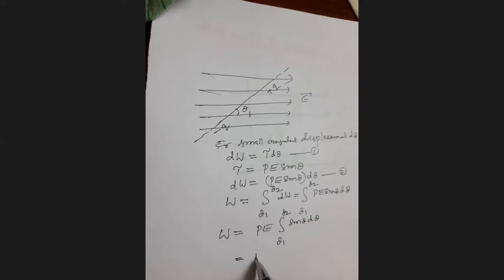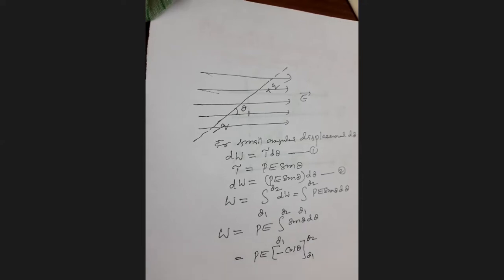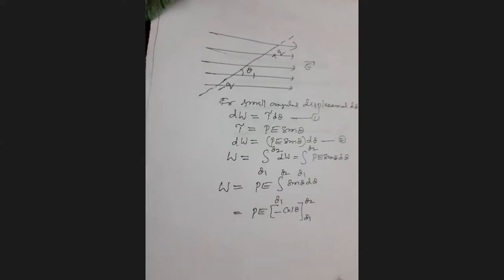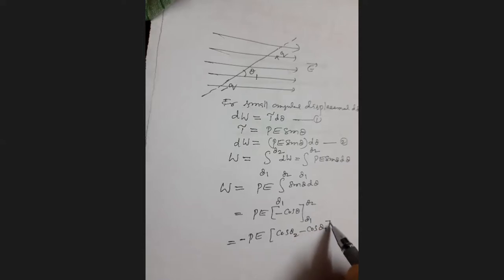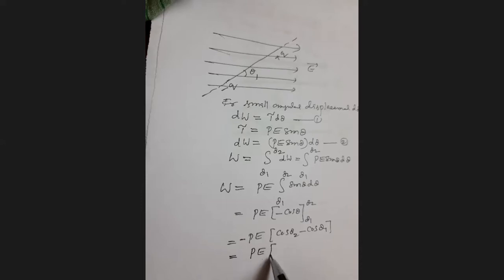That equals PE times the integral of sine theta, which is minus cos theta, and I am writing the limits theta 1 to theta 2. Okay. This is equal to PE, with the minus also taken common, applying the limits: cos theta 2 minus cos theta 1. Again multiplying the minus into the bracket, we will get PE times (cos theta 1 minus cos theta 2).